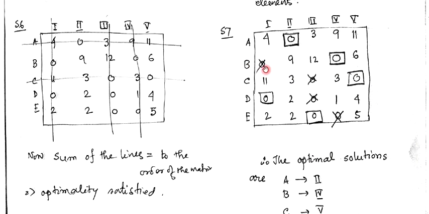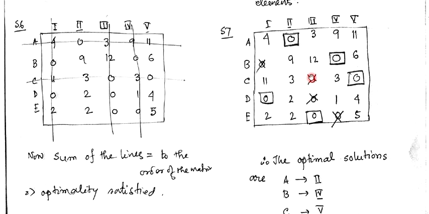This has no single 0, this has no single 0, no single 0, no single 0. Next we choose this column, where we find a single 0, so we assign this one, and any 0 in the corresponding row we cross off. After crossing off, again we look for any single 0, but we can't find any.